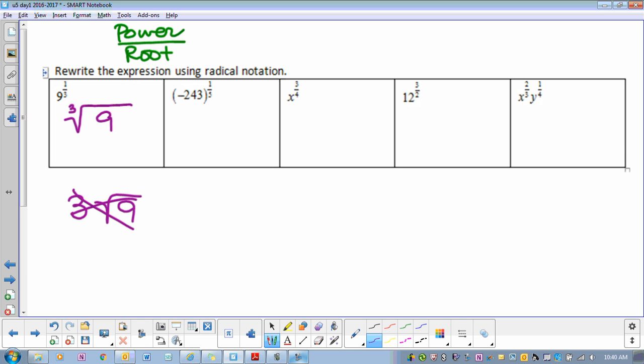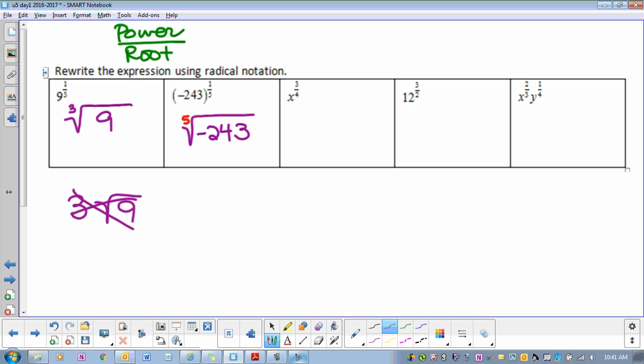Now let's look at the next one. Draw my radical. What goes inside the radical? Yeah, negative 243. What's the power on this guy? 1. What's the root? 5. All right, there you go. So you don't have to write the power of 1, right?